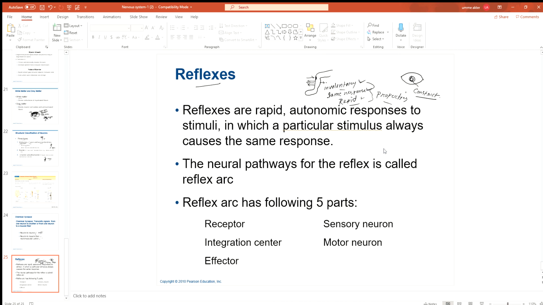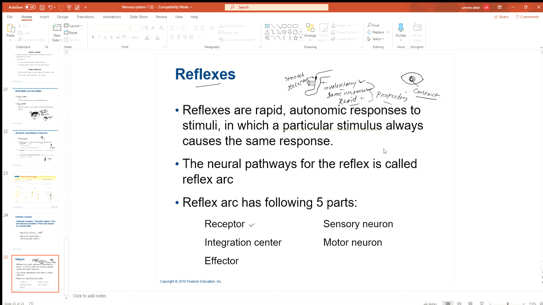Now, to complete a reflex, you need these components. First, receptors. I told you that when you hit here, the patellar ligament has the stretch receptors. So receptors must be activated first, right?